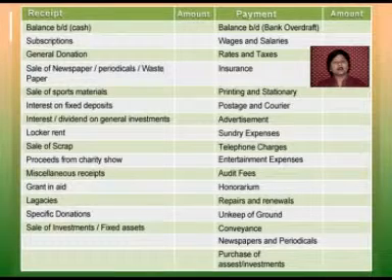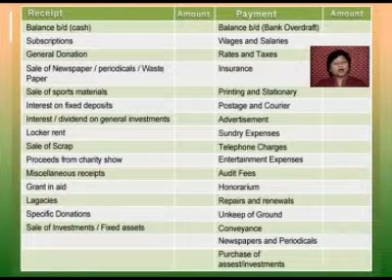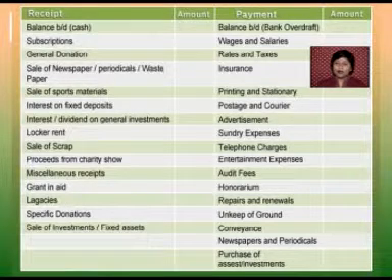So these are the various items which are shown on the payment side of the receipt and payment account. One thing to remember is that the account does not show any non-cash item like depreciation.